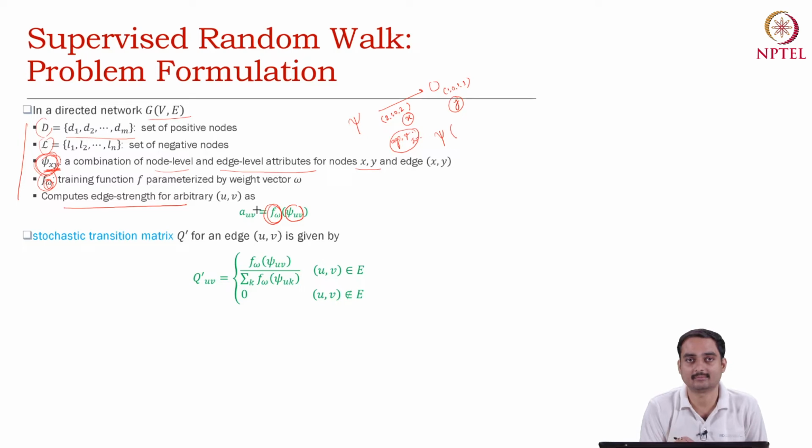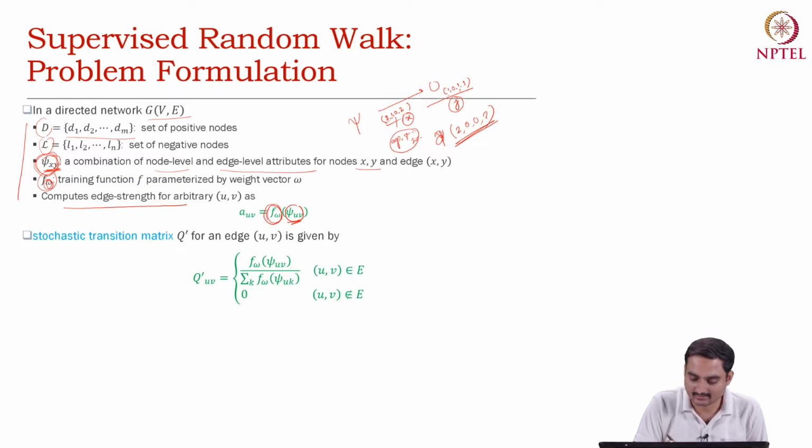Now, f is a parametric function. Say it is not a dot product, it is just an element-wise multiplication. So, 2 times 1 is 2, 1 times 0 is 0, 0 times 1 is 0 and 2 times 1 is 2. So the output of this psi function is essentially the vector 2, 0, 0, 2.